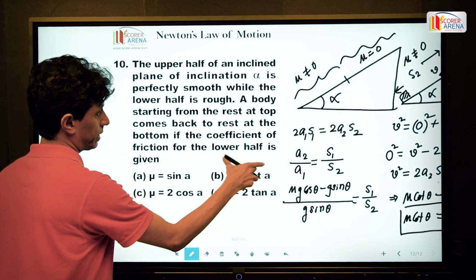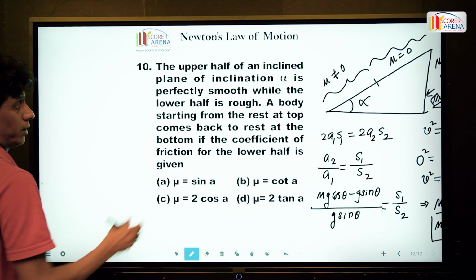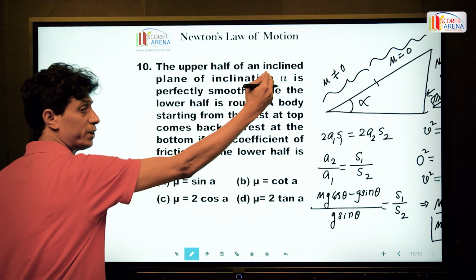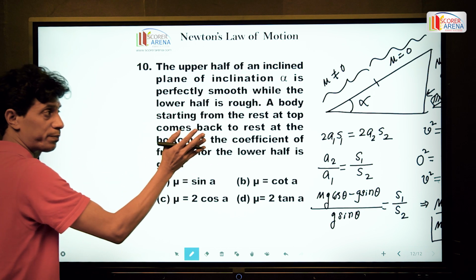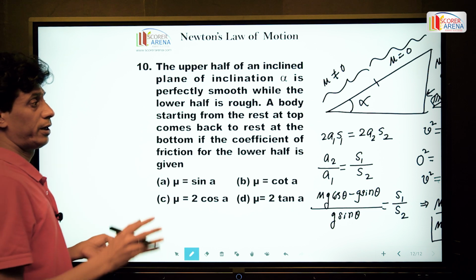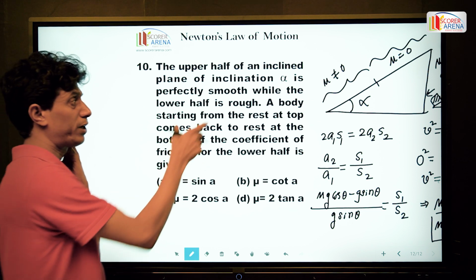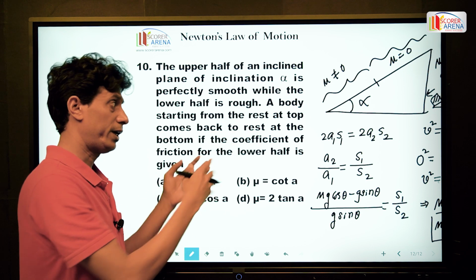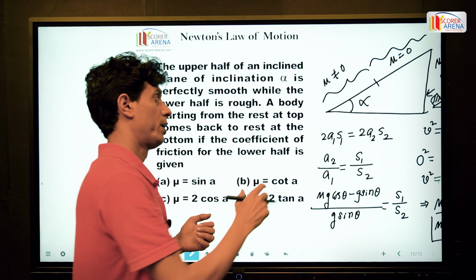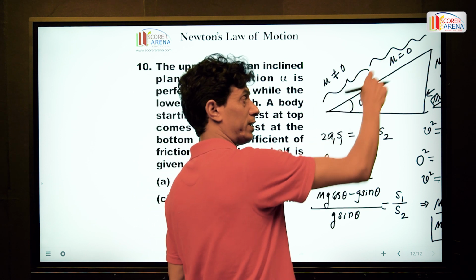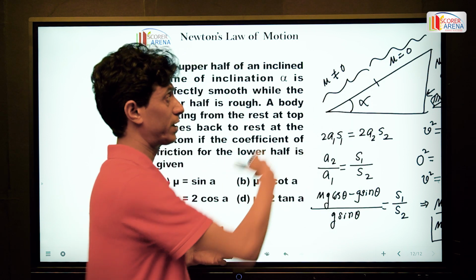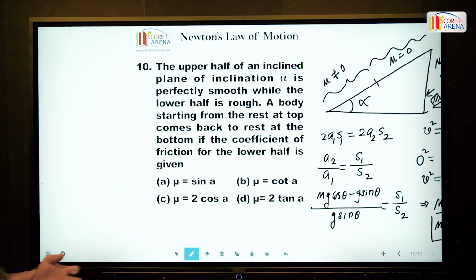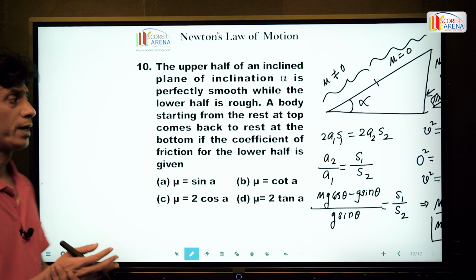In this problem, it is a specific case because half of the path is smooth and half is rough. But sometimes questions may not be given in these specific situations. The path length may be given as anything. Here the ratio of path lengths is 1:1, but sometimes it may be 2:1, 1:3, 3:1, anything like this.